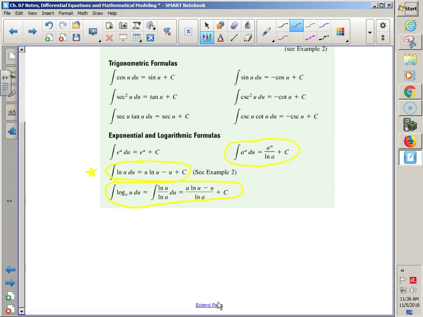Because remember, every integration rule comes from a derivative rule. So the derivative of b to the u is b to the u ln of b times u prime. So then if I just have a b to the u times u prime, or a du, then I must have had a 1 over ln of b back here, with my derivative of b to the u.